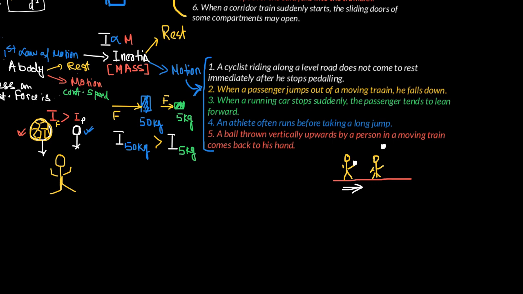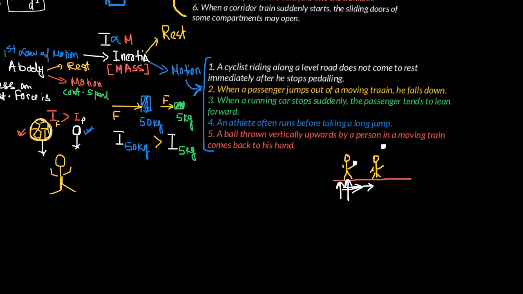The only force that was acting on the ball was bringing it forward, because the ball, the person and the train are in motion on this side. So this still is moving along with the person and the train, because no force has stopped it. So that's the fun of inertia of motion, right? The ball is still in motion.